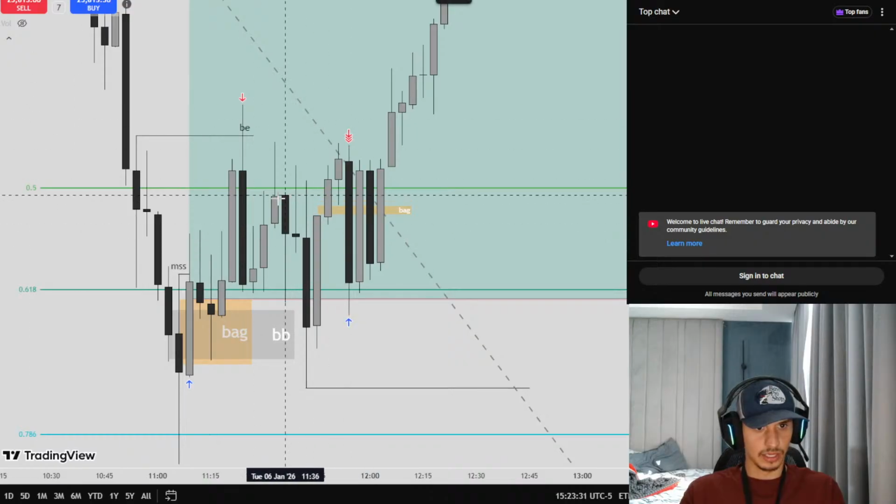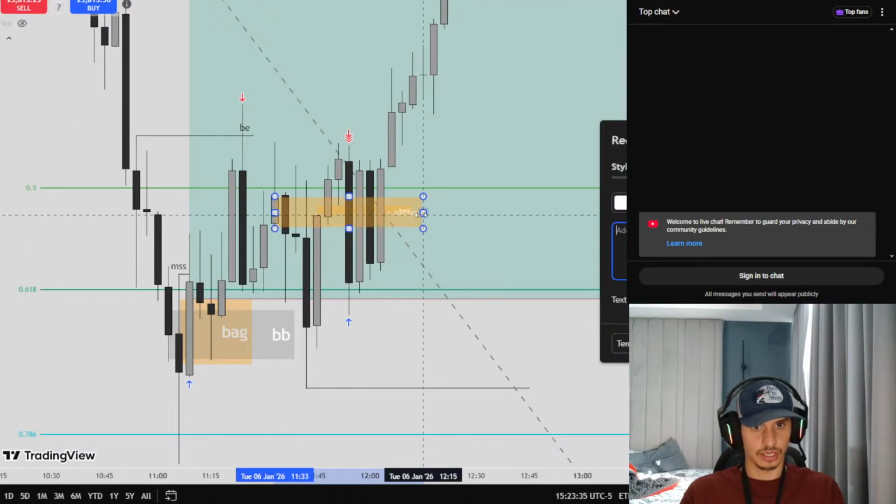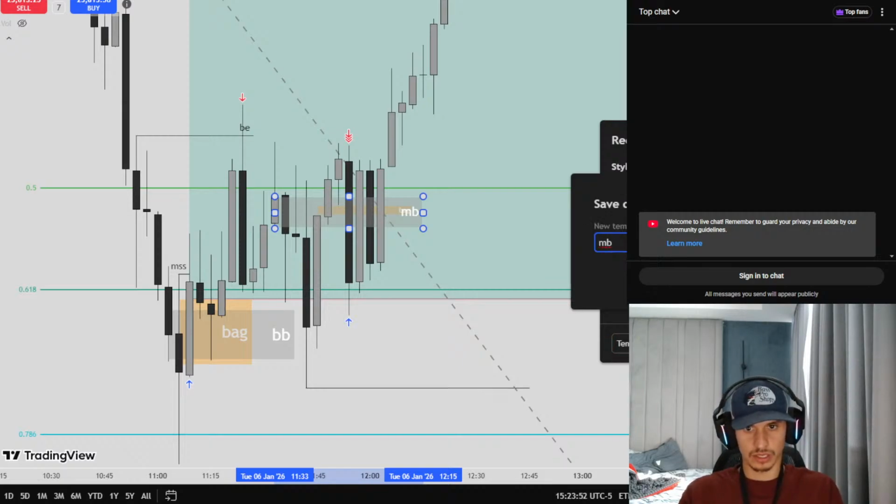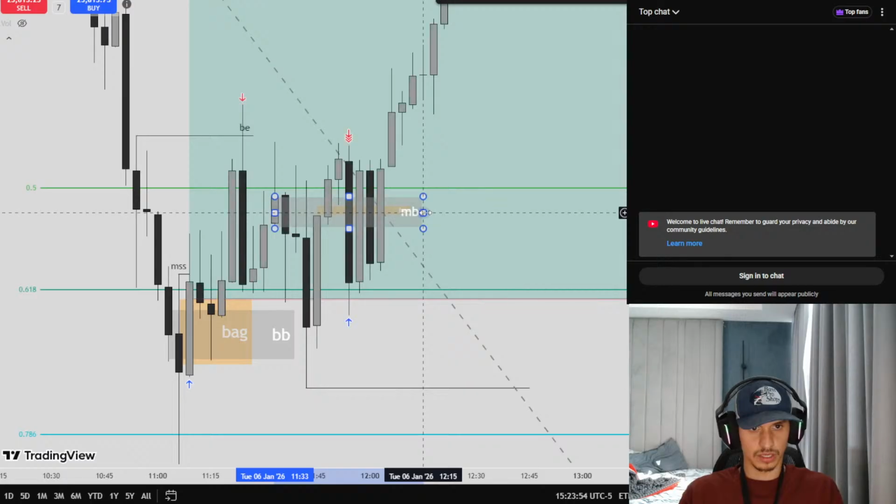And we have our mitigation block right here, which we just switch the style. Mitigation block. There you go.